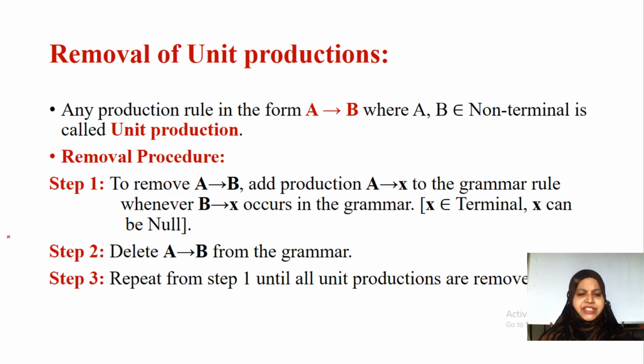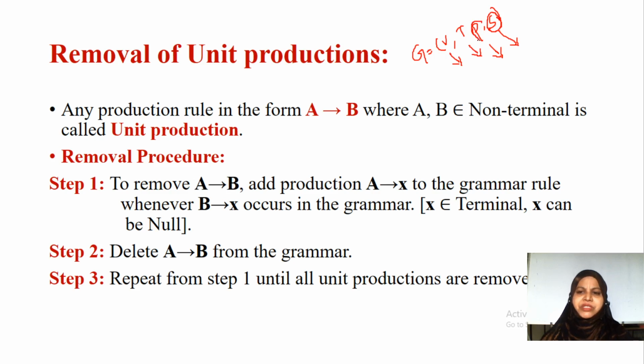Generally, any grammar G equals VTPS, where V is the set of variables, T is the set of terminals, P is the set of productions, and S is the starting symbol. Whenever we generate any string using this grammar, we have to start with the starting symbol.